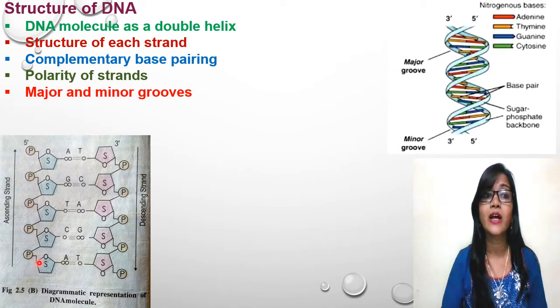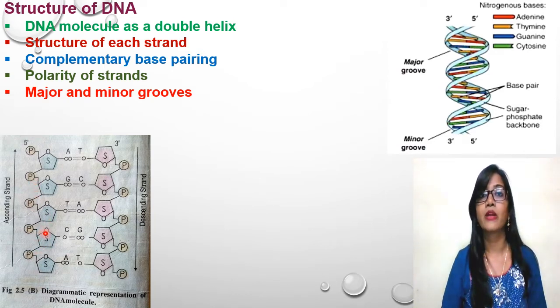So this part is the sugar phosphate backbone. And this ATGC pairing is denoted by this ladder-like structure. If you observe the colors carefully, A pairs with T, red with orange, and G pairs with C, blue with green. So it's a twisted ladder-like structure.